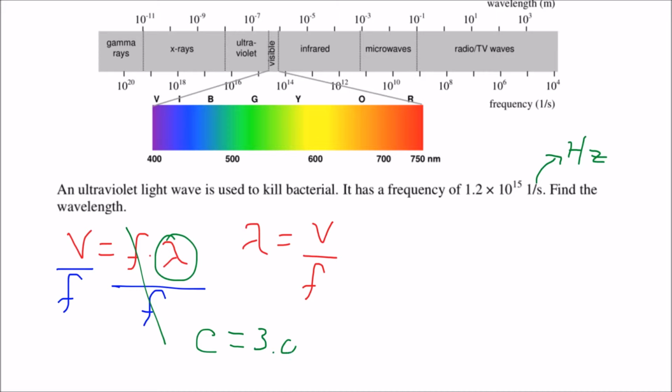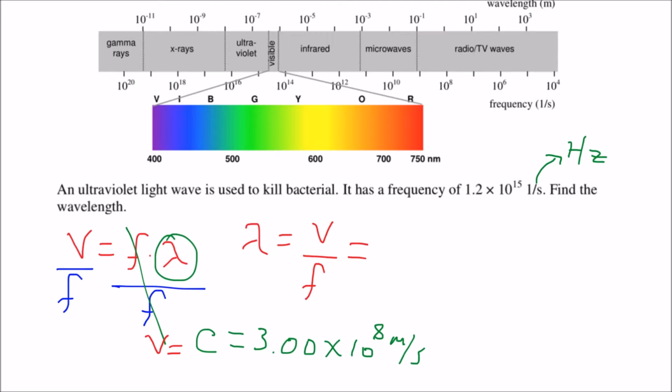And that's going to be 3.00 times 10 to the 8th meters per second. Okay, and since this is a speed, that's the same thing as v. So in this case, v equals c, which equals 3.00 times 10 to the 8th meters per second.